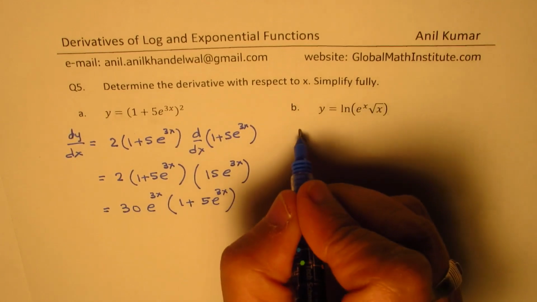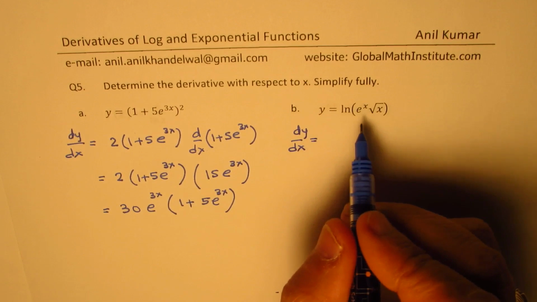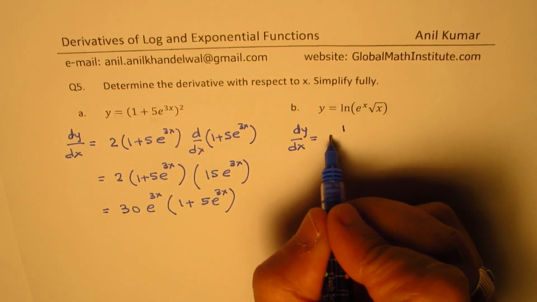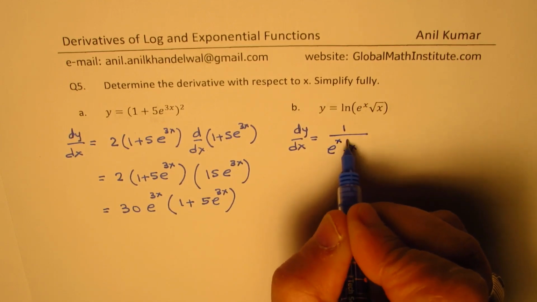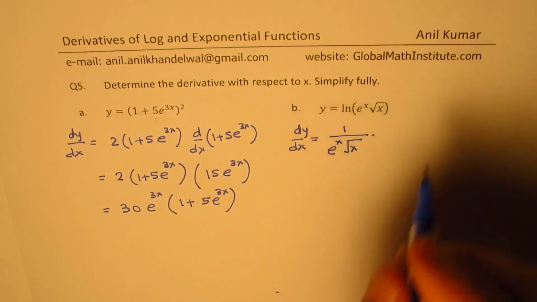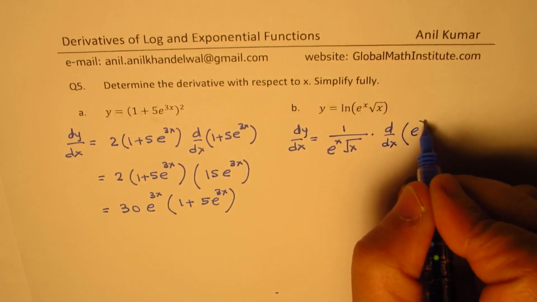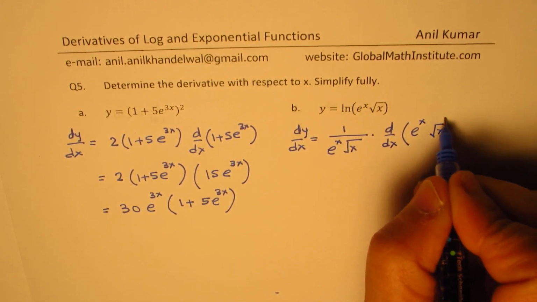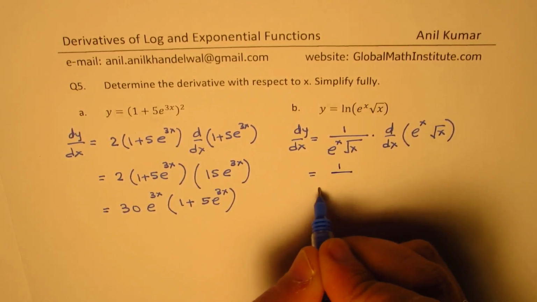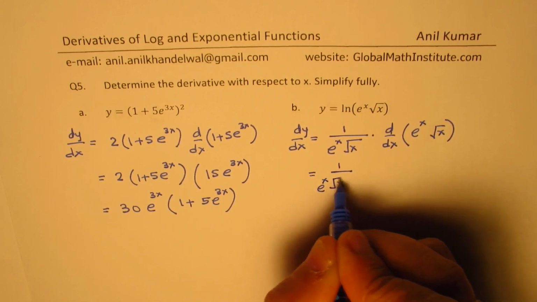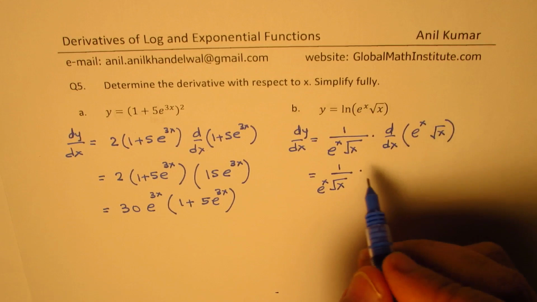The second one here, dy/dx, is equal to, so the ln derivative is 1 over whatever this function is, which is e to the power of x times square root of x, times the derivative of the inside function, so we'll write d/dx of e to the power of x square root of x. So we get here 1 over e to the power of x square root of x times, now for this we can apply the product rule.